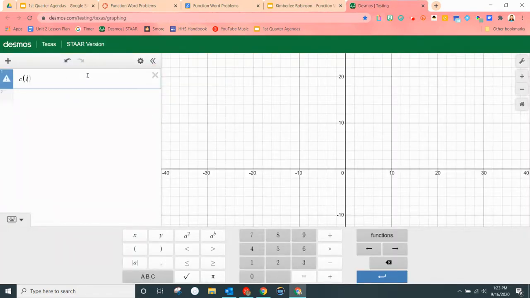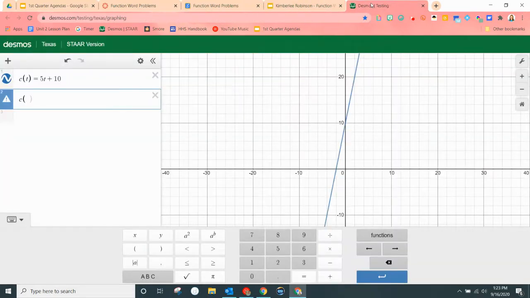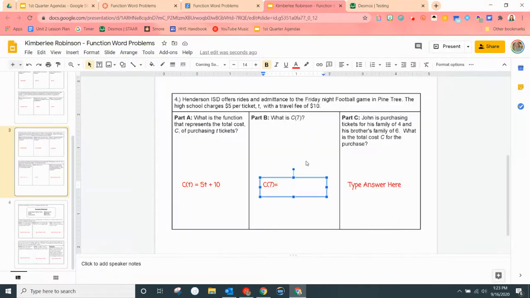So C of T is equal to 5T plus 10. And then we could come down here and say, hey, Desmos, notice I didn't use any capitals. I used all lowercase. C of 7 is what they're asking me to find. So what is C of 7, Desmos? It's 45. So my answer is $45.